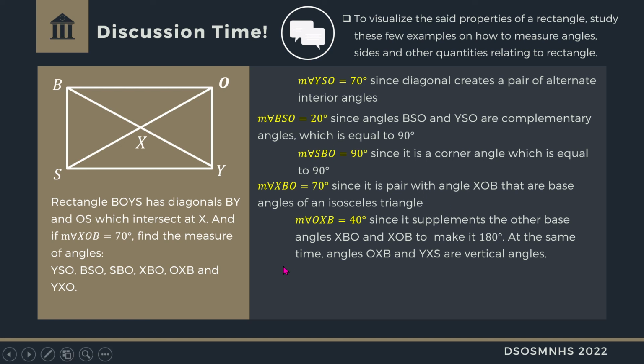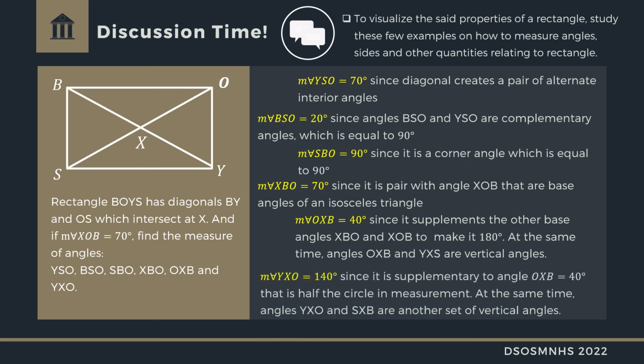At the same time, angles OXB and YXS are vertical angles, so they are the same. If the top one is 40 degrees, the bottom is also 40 degrees.